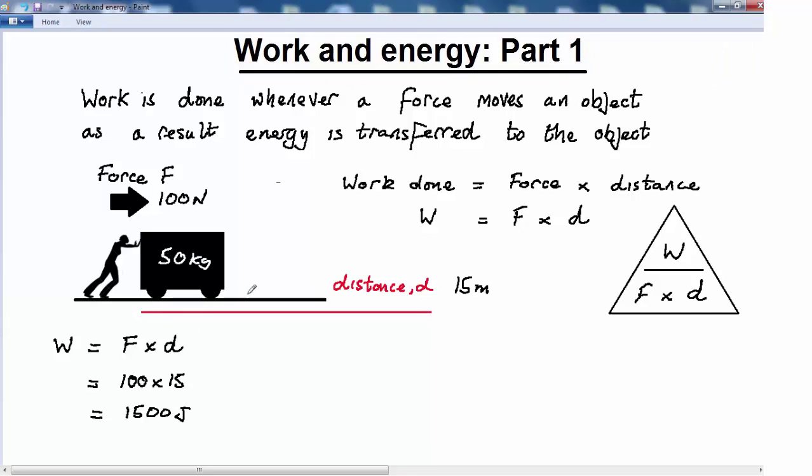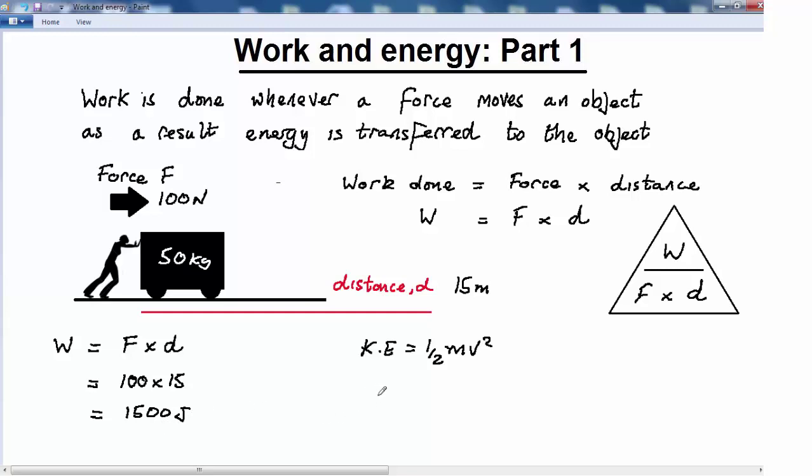Okay, so we can say that after 15 meters, the type of energy that the trolley has is kinetic energy. Okay, so we learned in the previous lesson that the formula for kinetic energy is equal to a half mv squared. And we know that after doing this work on the trolley, it has been given this 1500 joules of kinetic energy.